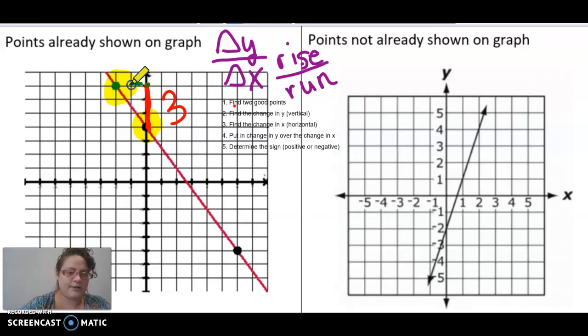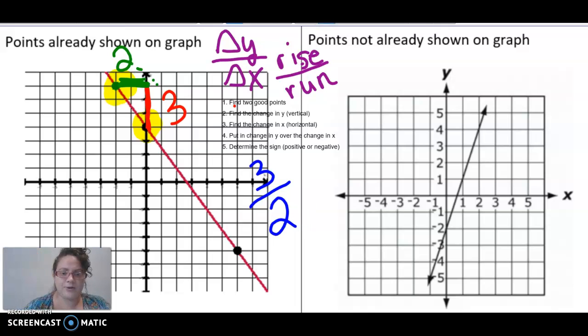I have to go 1, 2. So my horizontal change, or my run, was 2. Now my fourth step is to put the change in y, or the rise, over the change in x, the run. So my rise was 3, my run was 2, so I get 3 over 2.